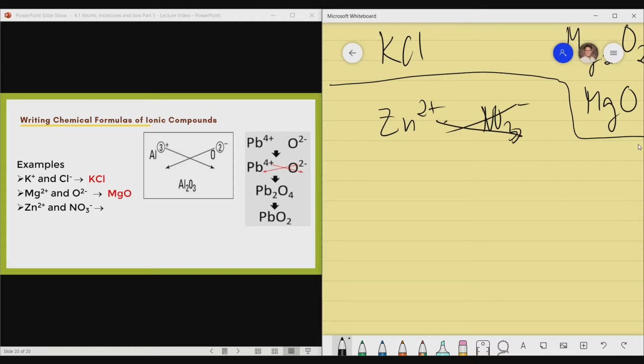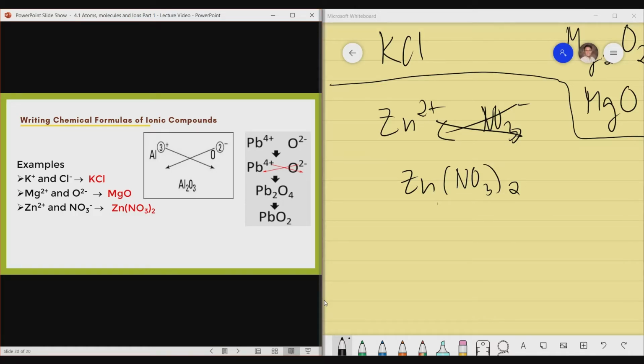So, crisscross, itong negative, mapupunta kay zinc. Negative 1, so 1. You don't need to write 1. And then, 2 plus, mapupunta kay NO3. At dahil nga grupo itong NO3, magkakaroon ng parenthesis, dahil grupo sila. Itong 2 ay as a group, magiging subscript ni NO3. So, that will be our answer. Hindi na pwedeng lowest number yan.